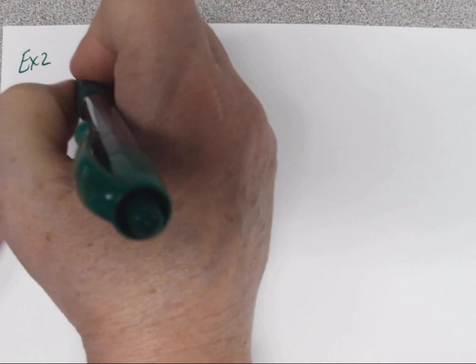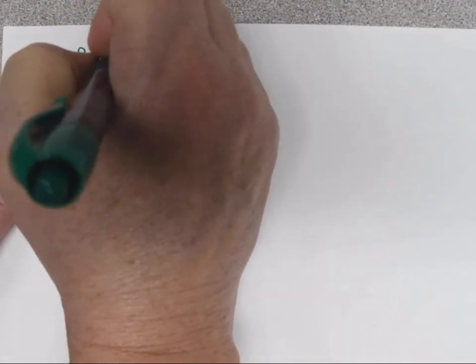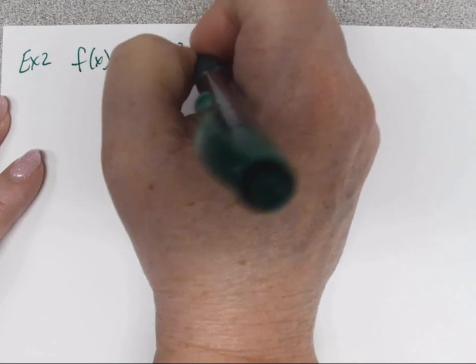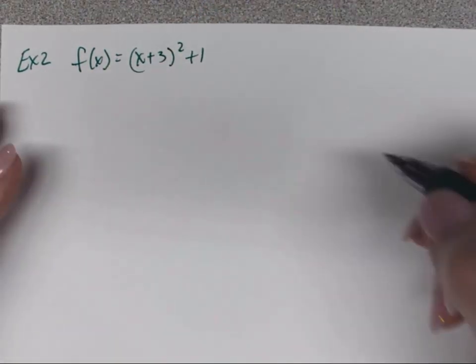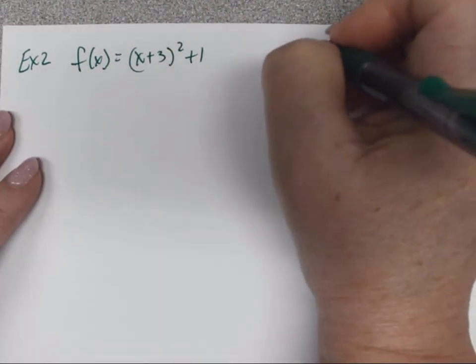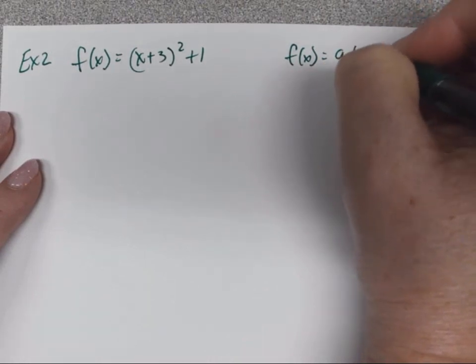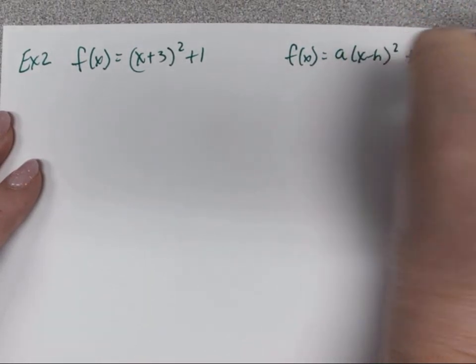So for example 2, we are looking at the function f of x equals (x plus 3) squared plus 1. So this is still in the format of f of x equals a times (x minus h) squared plus k.